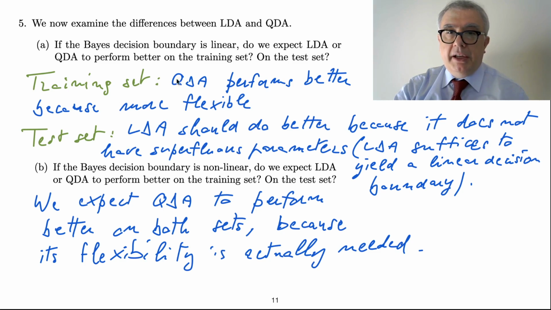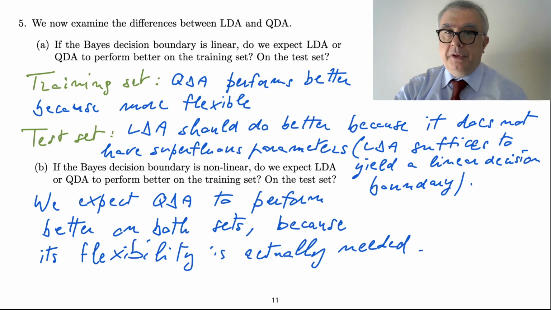I would say that QDA is going to perform better because it is more flexible. You should remember that in linear discriminant analysis, you are assuming that all the classes have the same variance matrix in the model for the predictors.